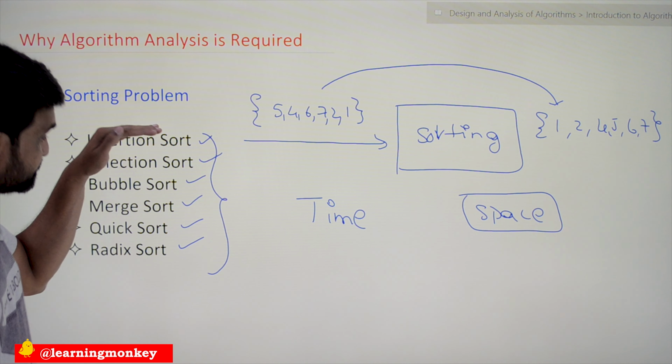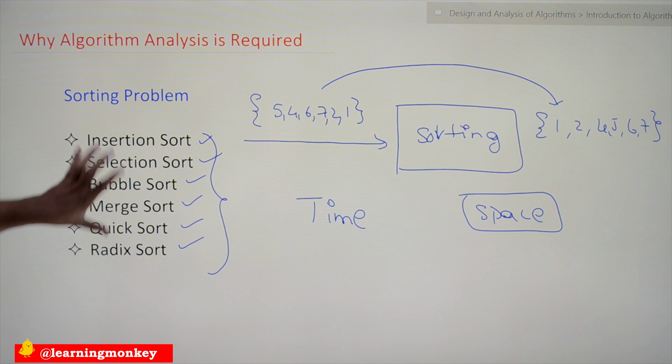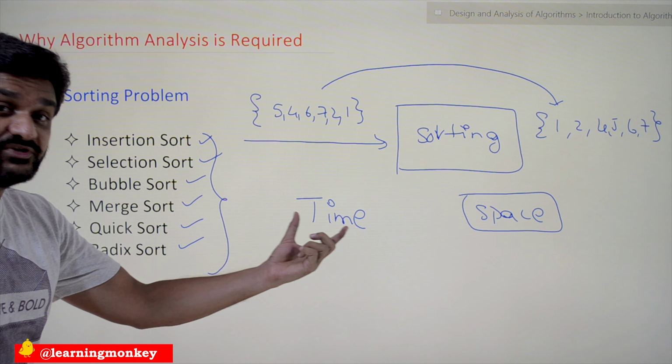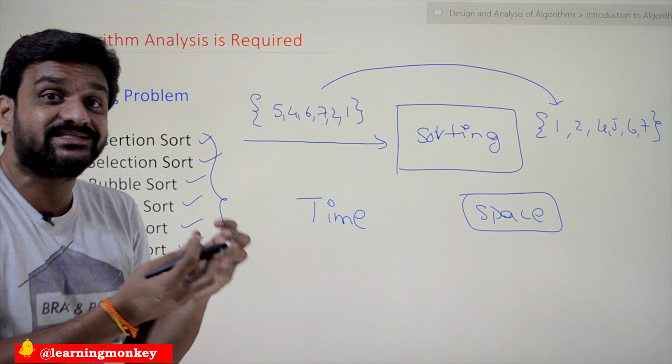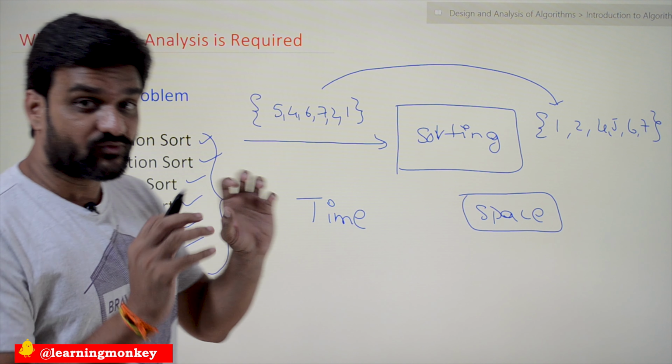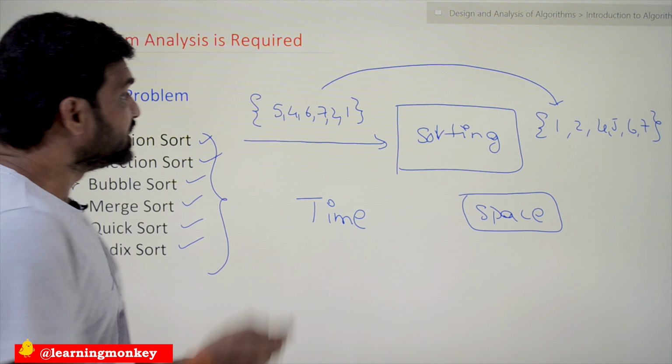Okay, so these many algorithms are there. Among them, the one that takes less time is more efficient. What does time mean?